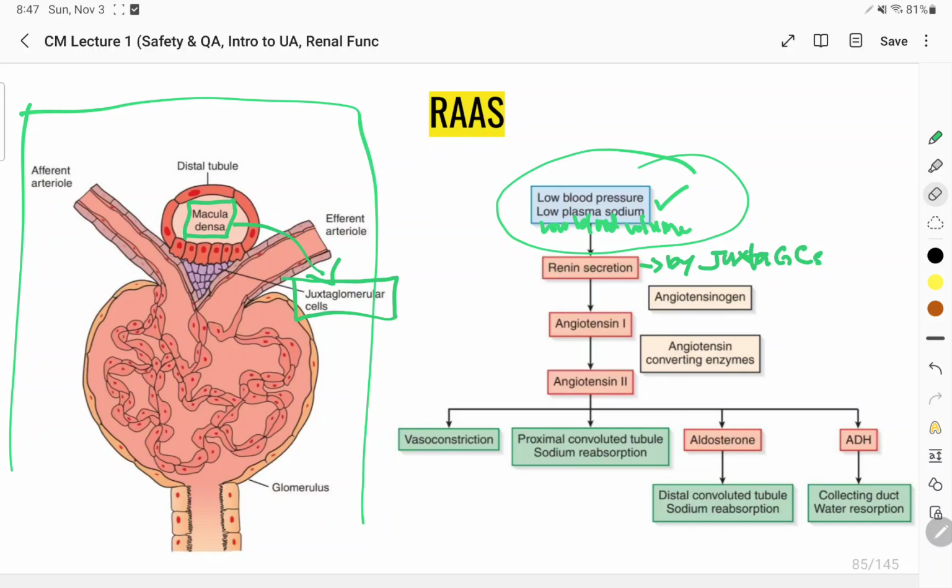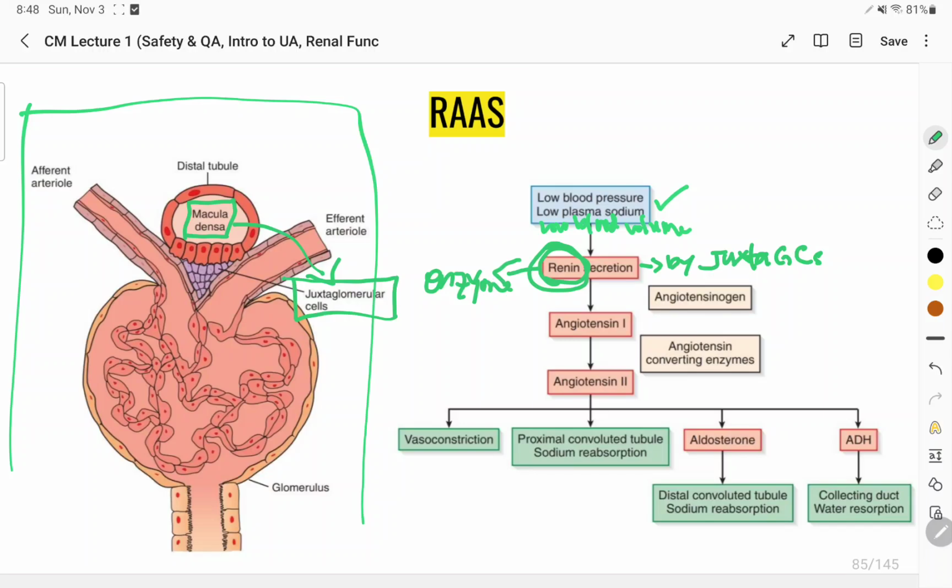Your renin is an enzyme. Renin is secreted by the juxtaglomerular cells, and it is an enzyme produced or released by your juxtaglomerular cells.